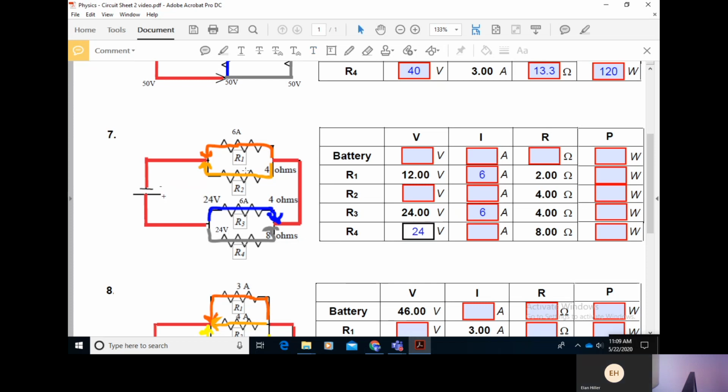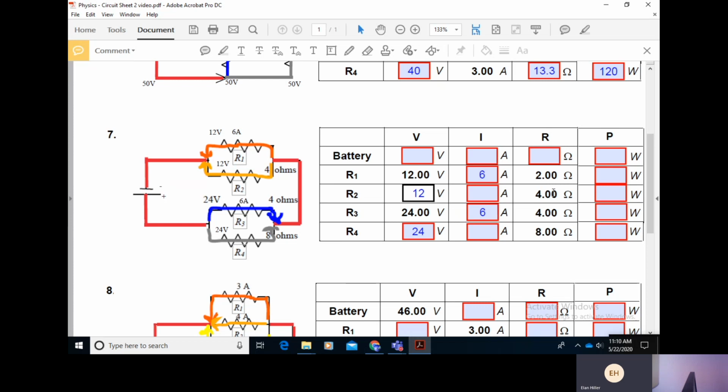Similarly, R1, which for some reason I didn't label, let me go and label that now, R1 has a 12 volt potential drop across it. Since R2 is in parallel with R1, the voltage drop across R2 is also 12 volts. Remember, voltage in parallel is the same. Okay, so now we filled out a lot more.